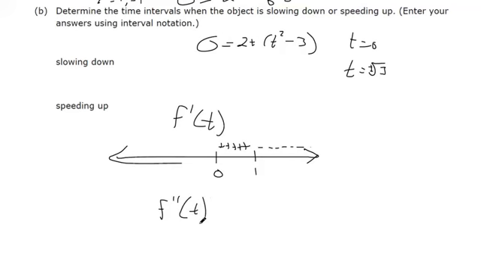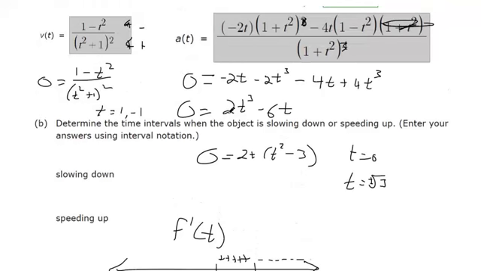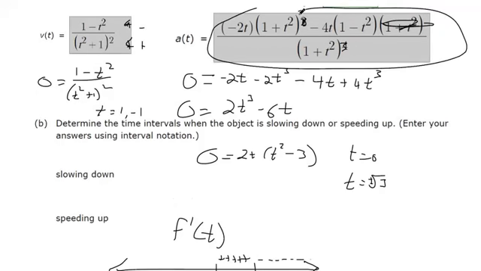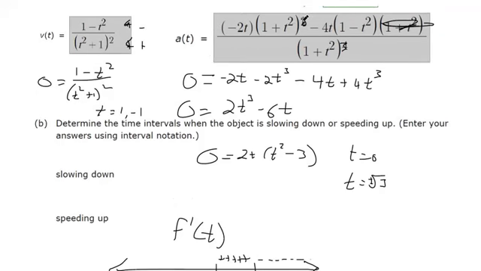Here are our signs for acceleration. There's two places we're really concerned about. We don't care about negative square root of 3 because we don't care about backwards in time. 0 and square root of 3. So again, you want to test numbers to the left and to the right. Number to the left could be t equal to 1. If you put t equals 1 into your acceleration function, let's consider the simplified one where we made those things cancel out.